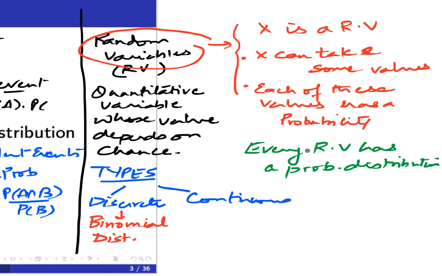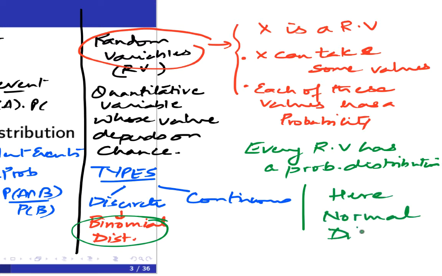Earlier we talked about binomial and discrete random variables. We talked about a binomial distribution. So here we are going to talk about a normal distribution. Okay, so that's the recap of certain things we have done before.